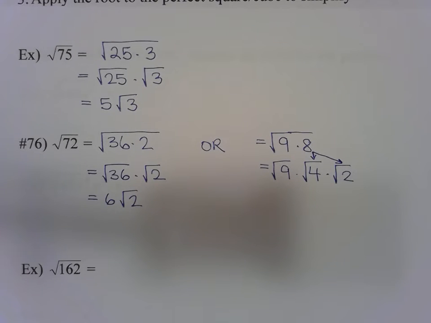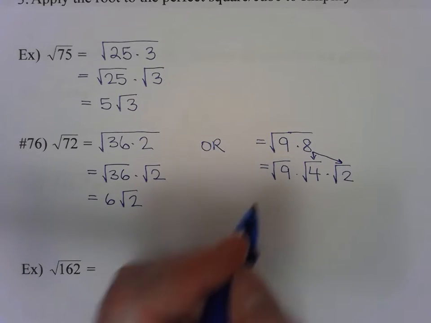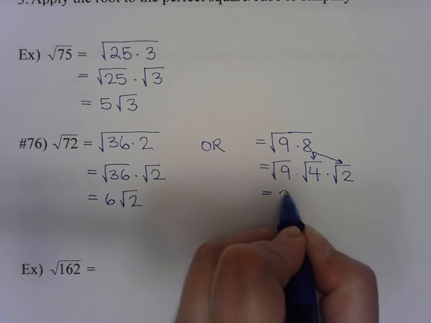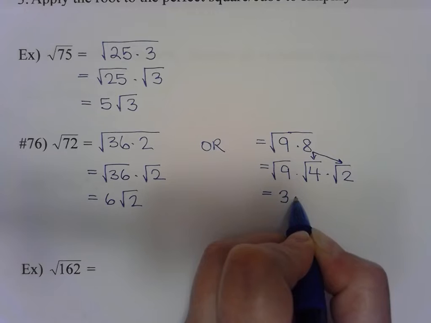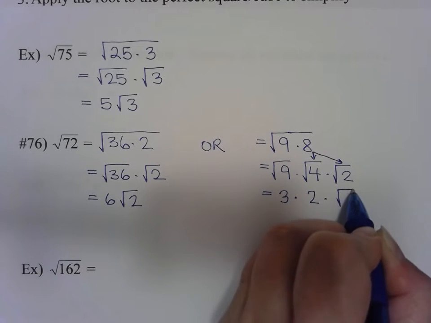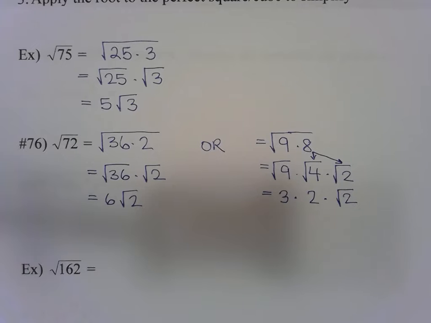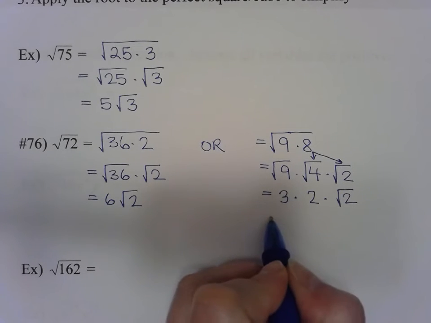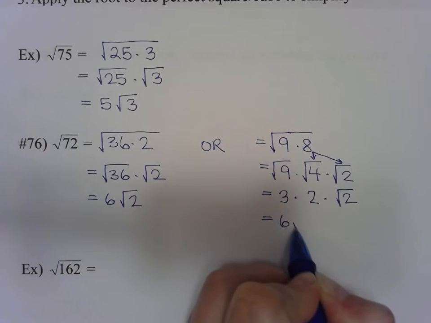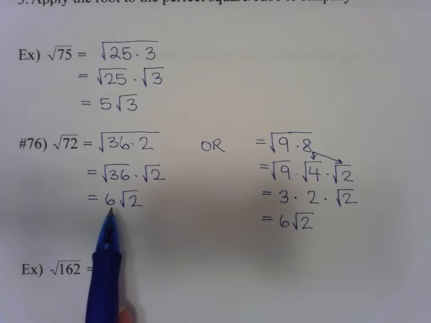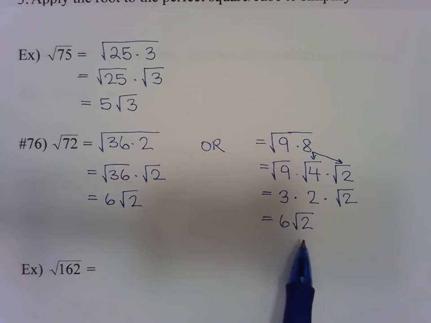Okay, and 4 is a perfect square. It's okay if you don't see the perfect square all in one shot. You can do it piece by piece. Anytime you bring anything out to the front, it gets multiplied with anything else that's on the outside. So the 3 and the 2 here are going to be multiplied. Notice we're going to get the same answer whether we do it all at once or we break it up into smaller pieces. It works both ways.